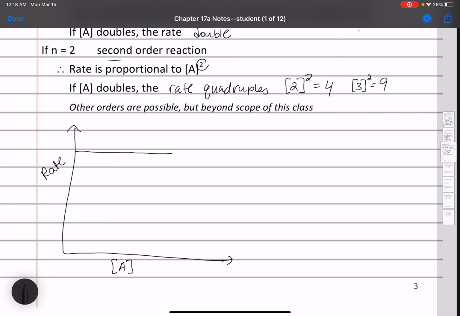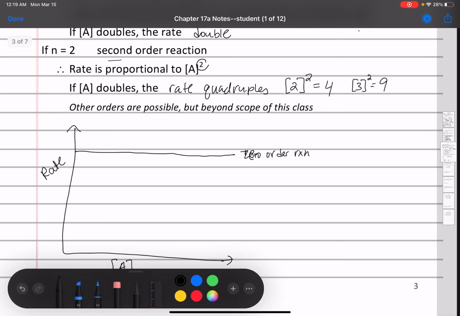So as we increase the concentration, the rate stays the same. So this is a zero order reaction. As we increase the concentration, the rate stays the same.